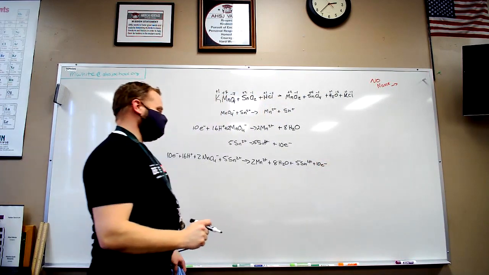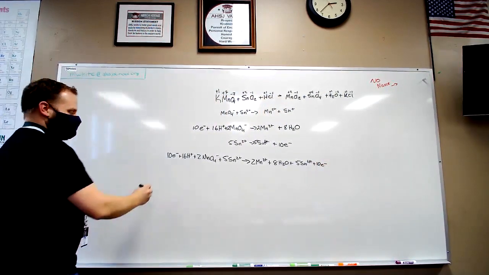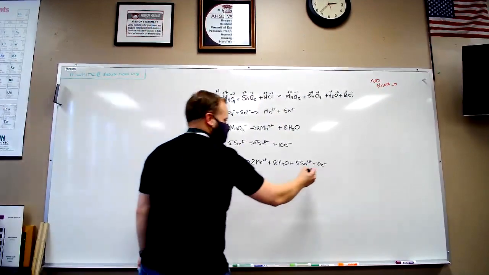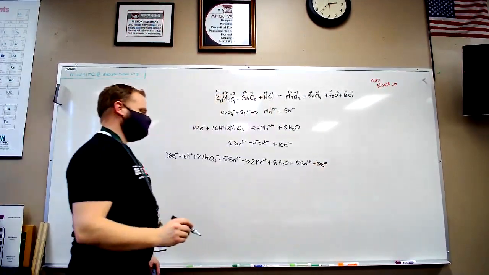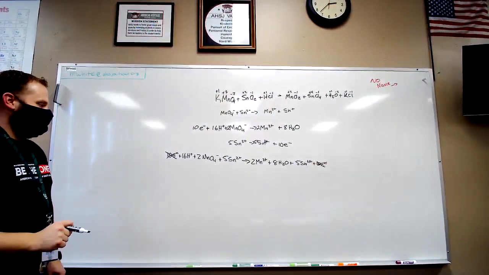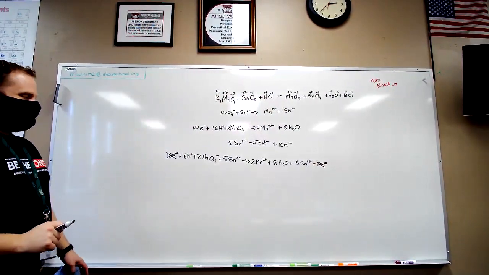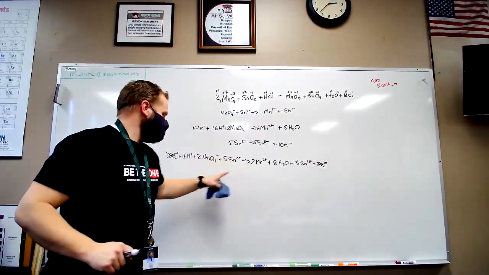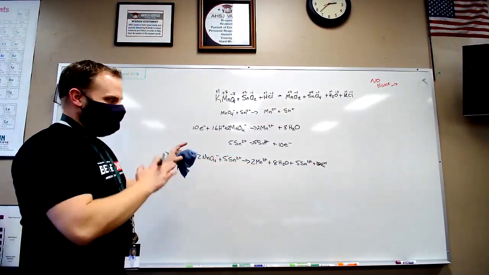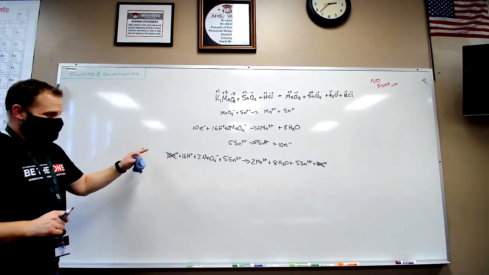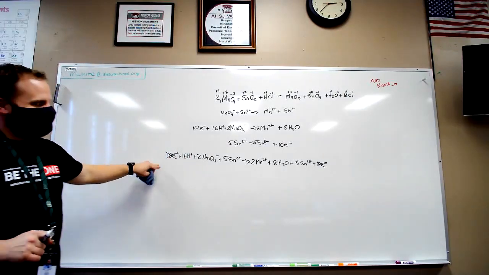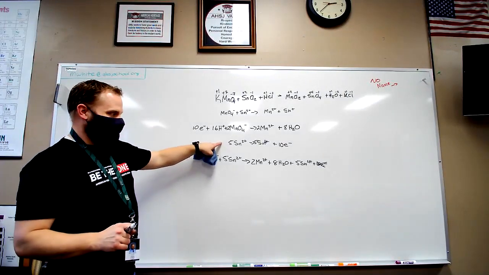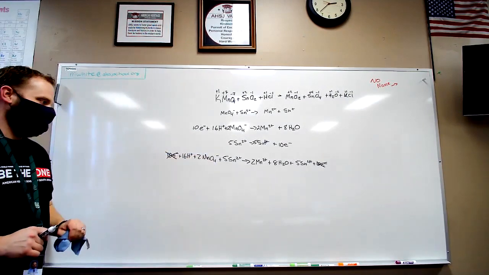And now we need to cancel stuff out. So these electrons cancel out. Sometimes you will have waters and H plus on both sides that you have to cancel out. This one, it doesn't happen to have that because this was such a simple half reaction.